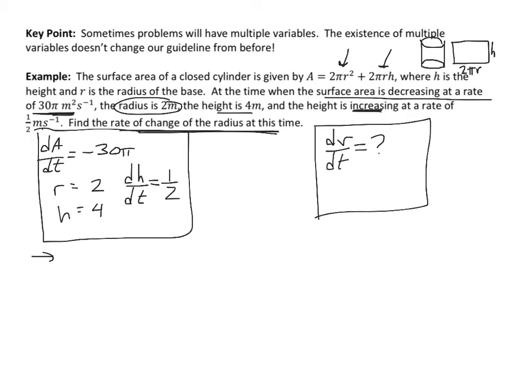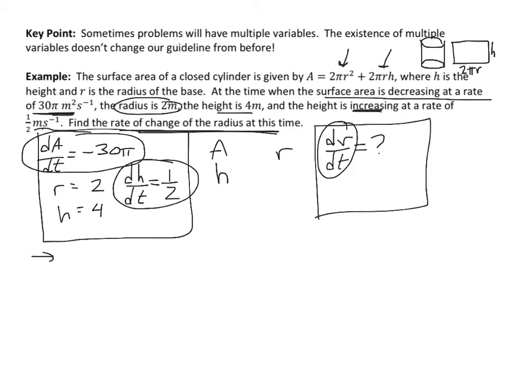Okay, so now our question becomes, do I have any formulas that relate the rates that I was given? So do I have any formulas that have A and h and also the rate that I want to find, r? And sure enough, it was given to us right here. I have one formula that relates the area, the height, and the radius.